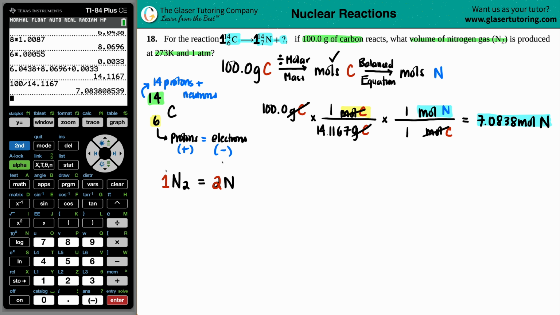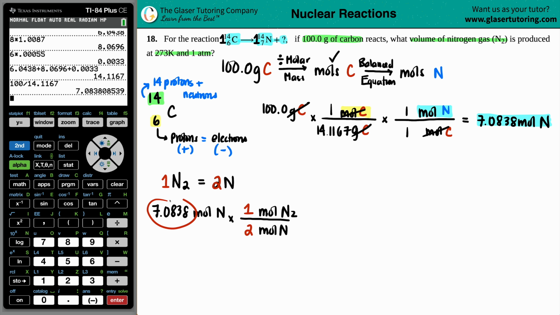Well, let's see. We could do dimensional analysis again. We can say 7.0838 moles of nitrogen times that ratio. Mole of nitrogen goes on the bottom because you don't want just nitrogen. You want the N2 because that's what the question's asking for. But in every one whole N2, you have 2 nitrogens.